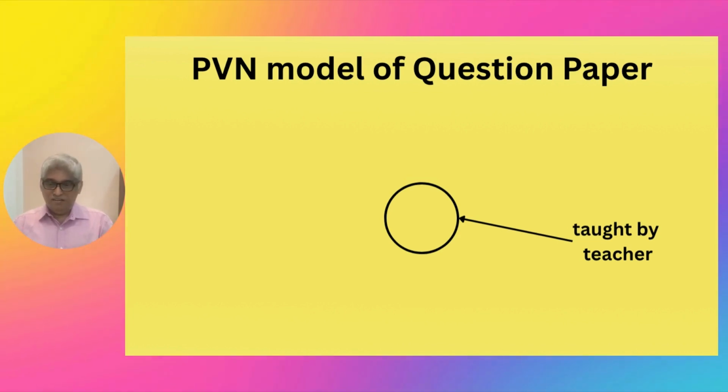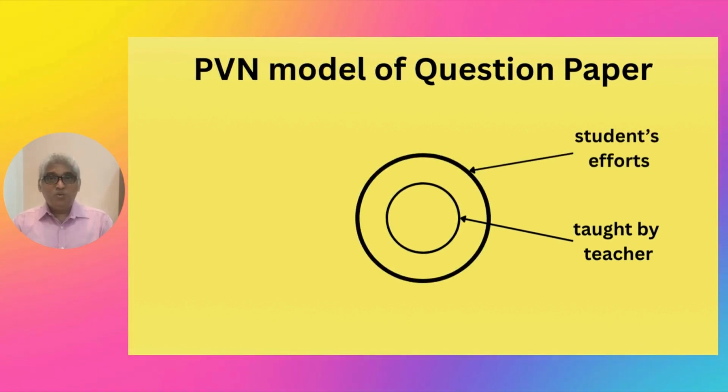Now look at this diagram. Whatever efforts that student is taking, depending upon his efforts, his knowledge domain, means that small circle, becomes the big circle. Now how big it is depends upon that student or whatever the teacher has guided him.